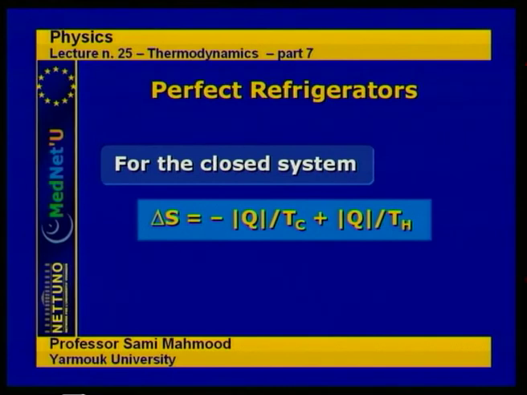The change in entropy of the working substance is zero, because it simply goes back to its initial state. However, each cycle, the entropy of the cold temperature reservoir is reduced as heat is extracted, and the high temperature reservoir, its change in entropy is increased.